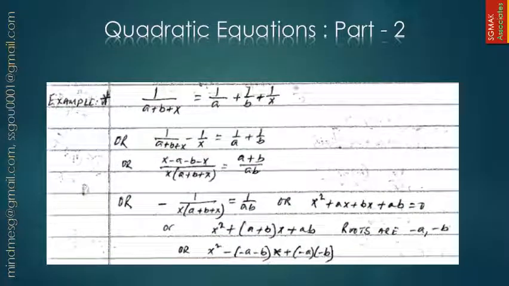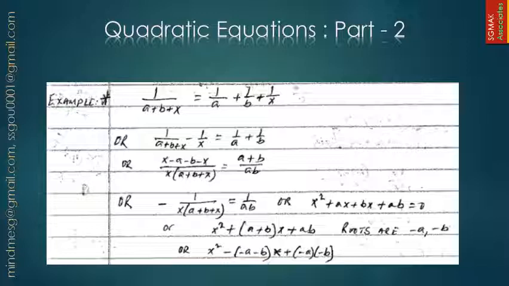So 1 over a plus b plus x equals 1 over a plus 1 over b plus 1 over x. What you can do here is take the 1 over x term onto the left, so all x we bring on one side. So 1 over a plus b plus x minus 1 over x is 1 over a plus 1 over b.